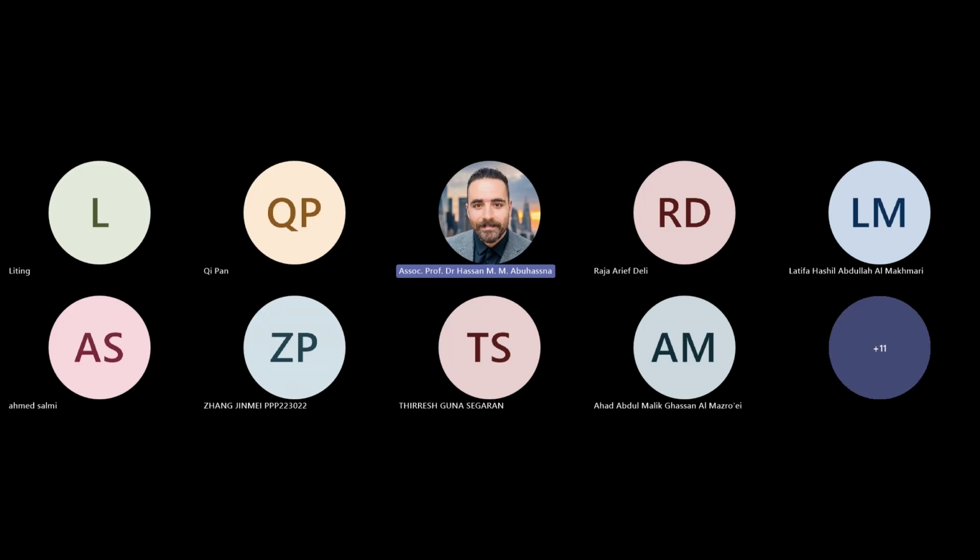So if you have a problem in the methodology in the proposal, it will be okay. They will ask you to fix it. But if you have a problem in the methodology in your thesis during the viva, you are done. There is no way back.